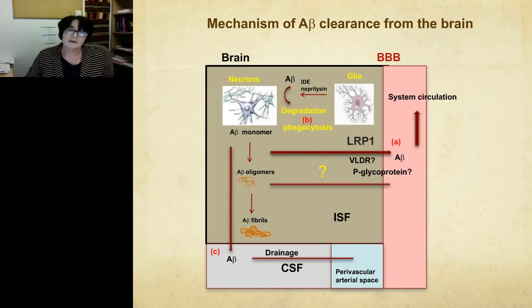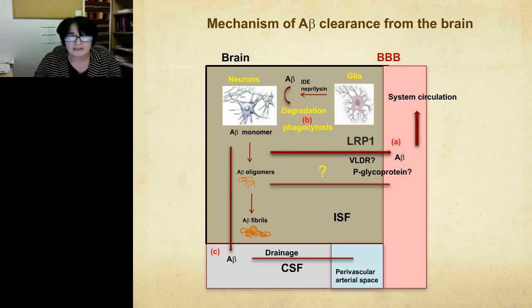Because A-beta affects cognitive function, it is important to overview the mechanisms of A-beta clearance from the brain. As I mentioned, A-beta is secreted as a monomer, it forms oligomers, and finally fibrils. And there are several major pathways for its clearance from the brain. One is efflux, or clearance via the blood-brain barrier.